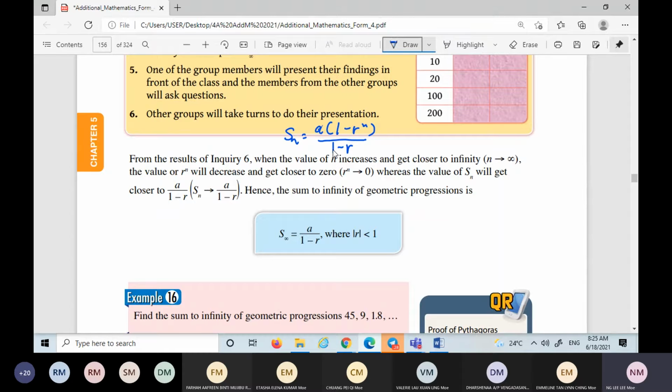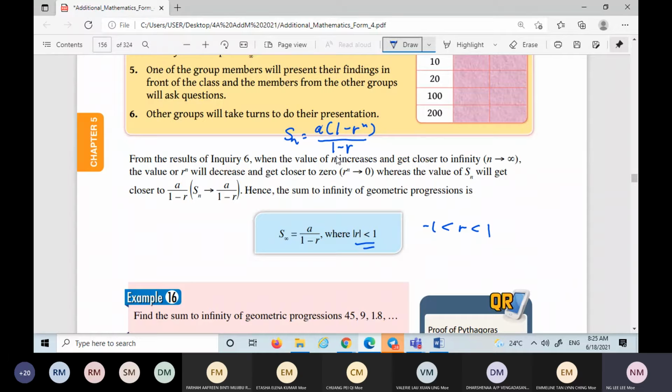For S infinity to happen, it is only for this case. The r must be smaller than 1, so the r is in between negative 1 to 1. So we don't use the r minus 1 formula, we use this 1 minus r formula.